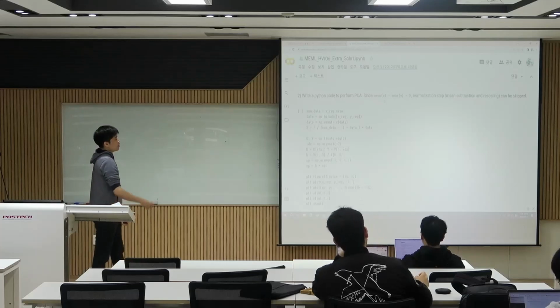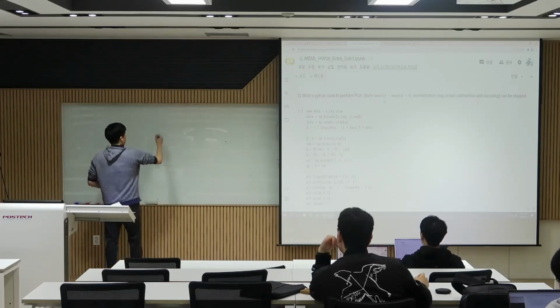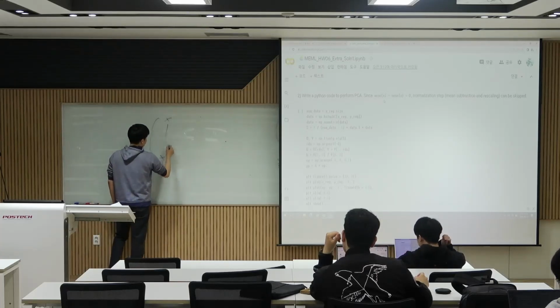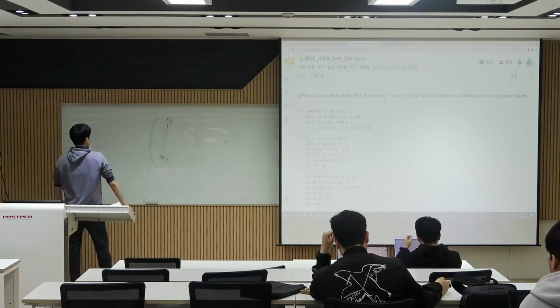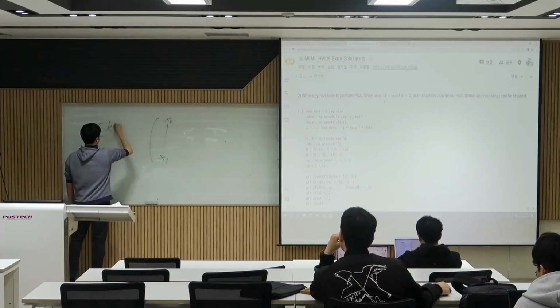So instead of vstack, which is basically the vertical stack, because we know all of this data corresponds to X, we are going to use hstack, which is horizontal stack. So X will be here and Y will be here.